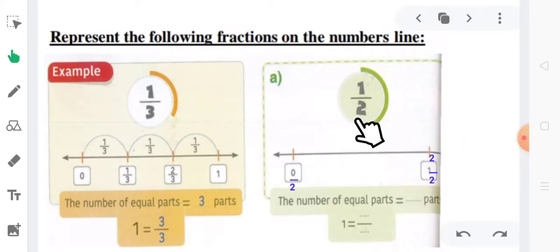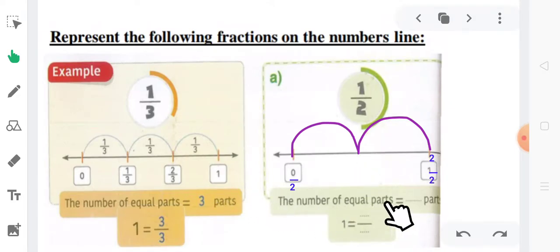So how many jumps do we have here? I have got 2 jumps. Look at the denominator to tell me how many jumps we have. Make sure that each jump is equal to the other jump. Okay? The first jump, the second jump. Okay. We have 0 over 2. Then we have 1 over 2. Okay.